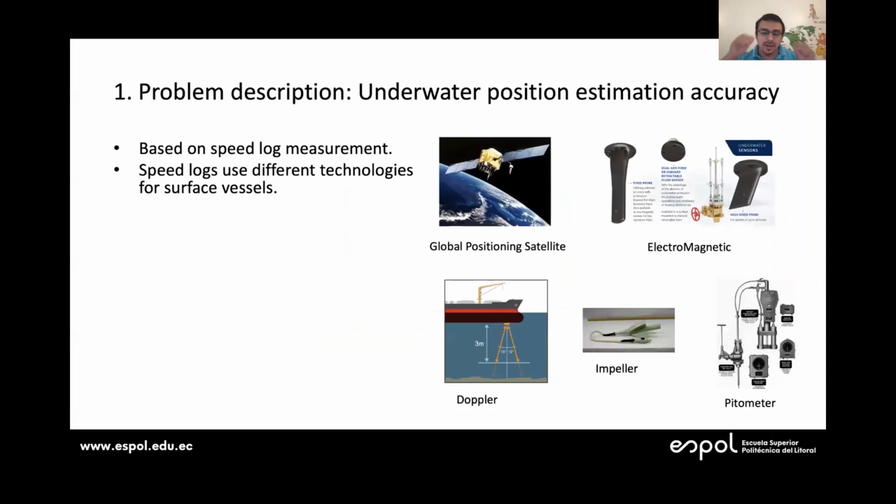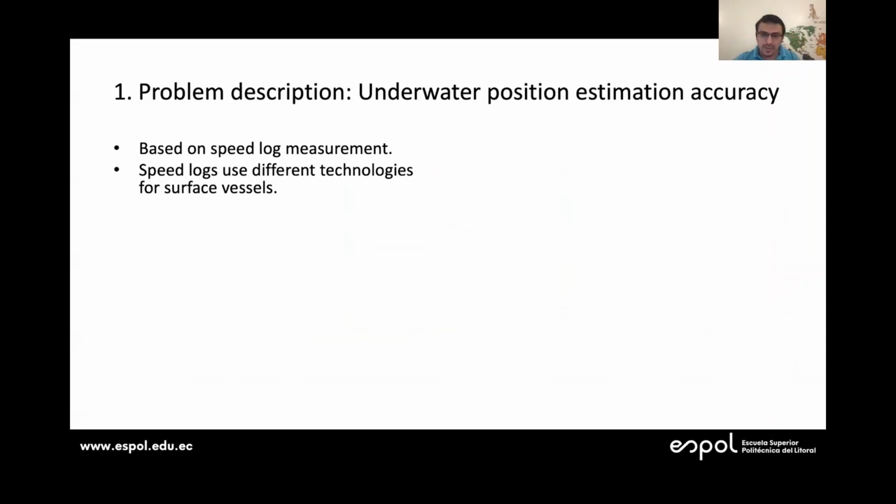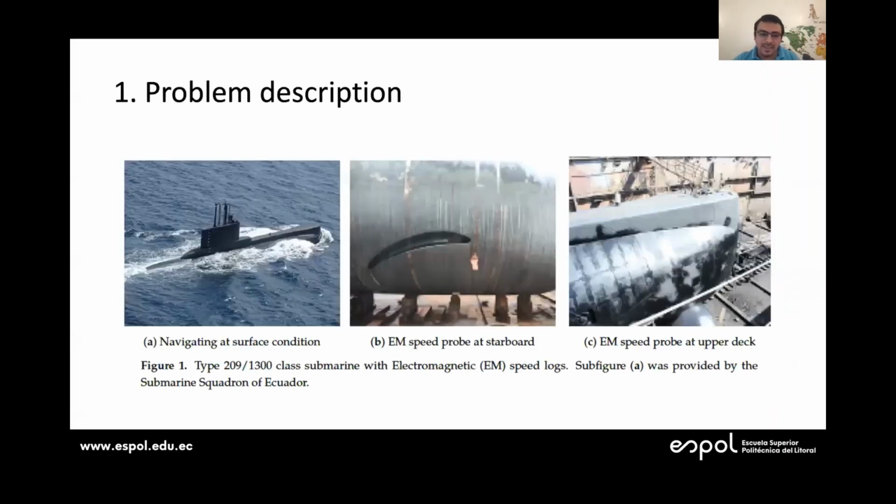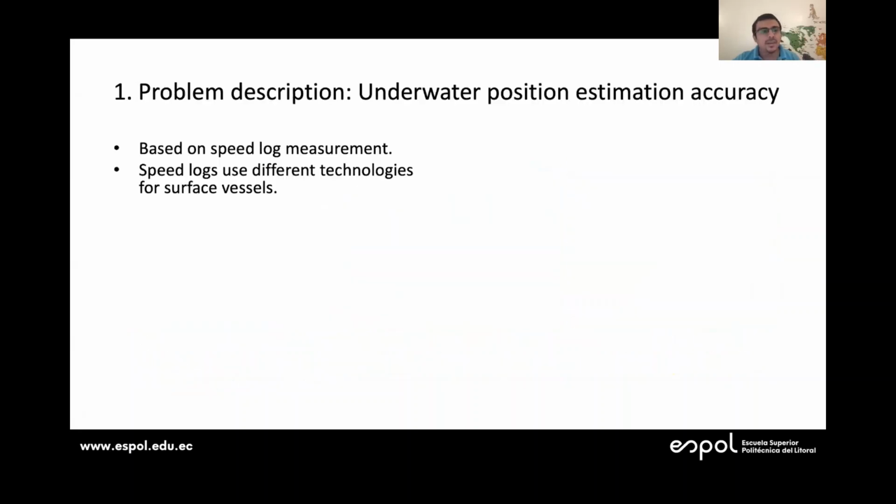We haven't performed any analysis about underwater vehicles. So we started with our previous experience analyzing surface vessels, and we started looking for answers about how this position estimation works when the submarine is underwater.